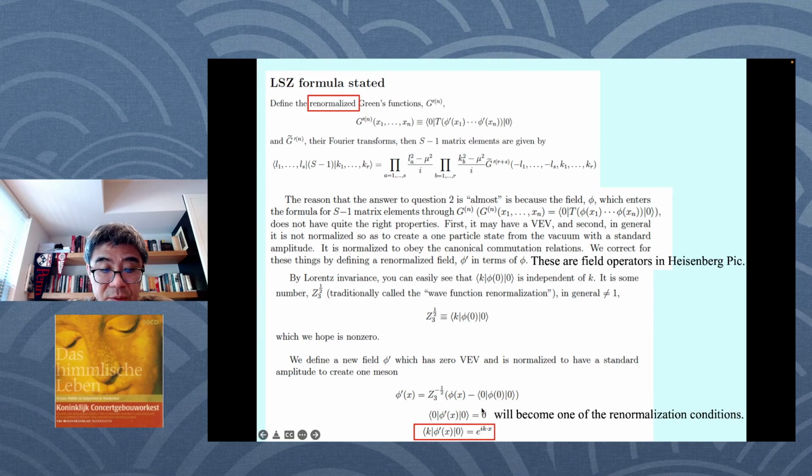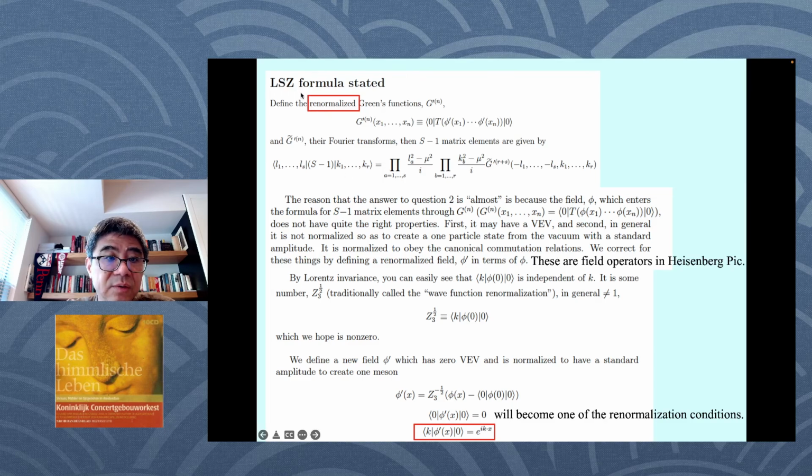So these two will become conditions we want to impose on the field theory so that we get the right Green function that will give you the right S matrix. Remember carefully these two conditions, because they will become the renormalization conditions we'll encounter very soon, in the next couple of weeks.